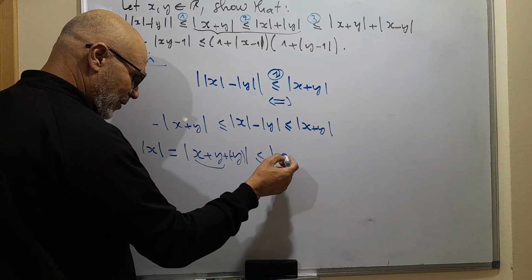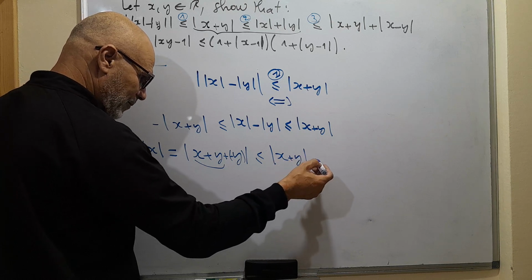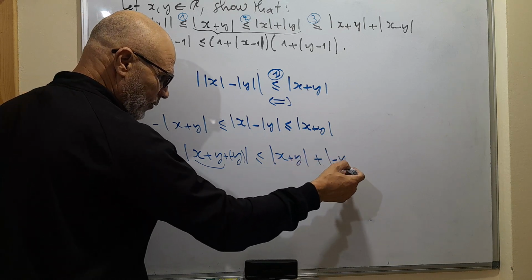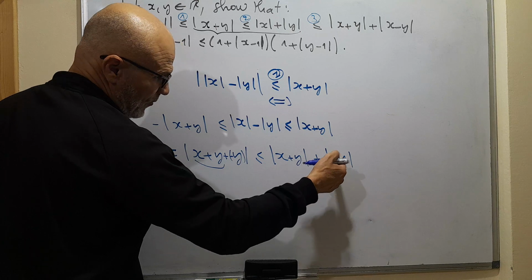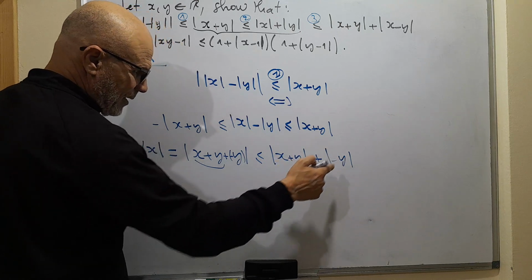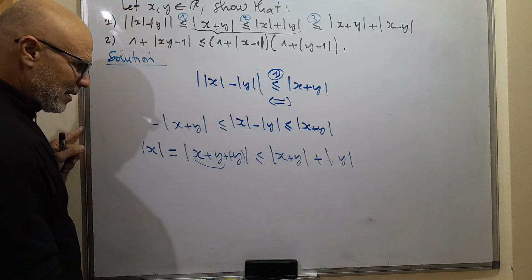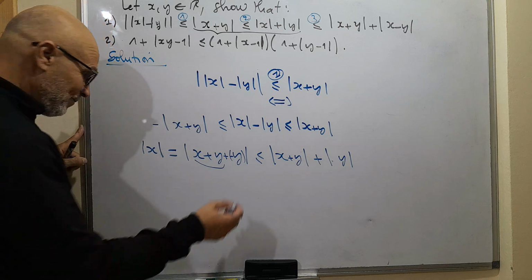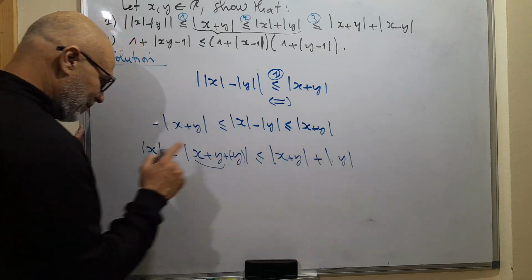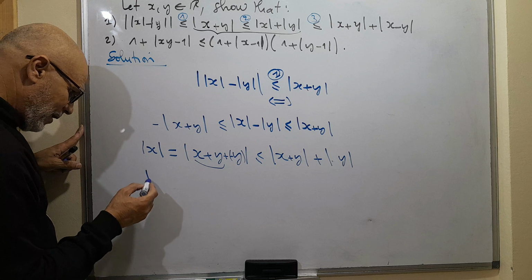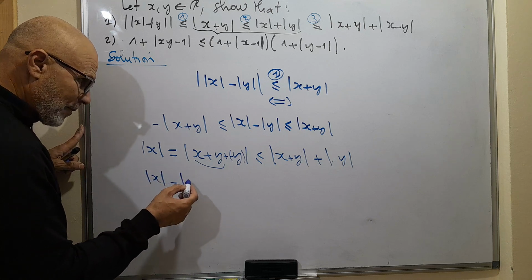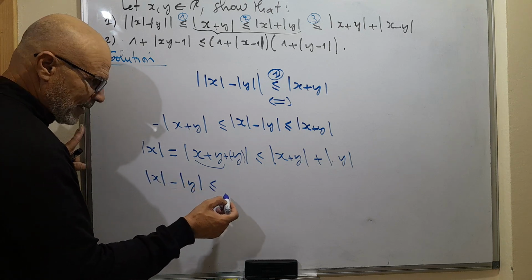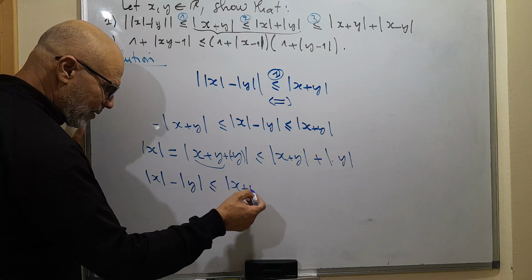This is less than or equal to x plus the absolute value of minus 1, but the absolute value of minus 1 is exactly the same as the absolute value of y. If we take this from this side, we will get x minus the absolute value of y less than or equal to x plus y.